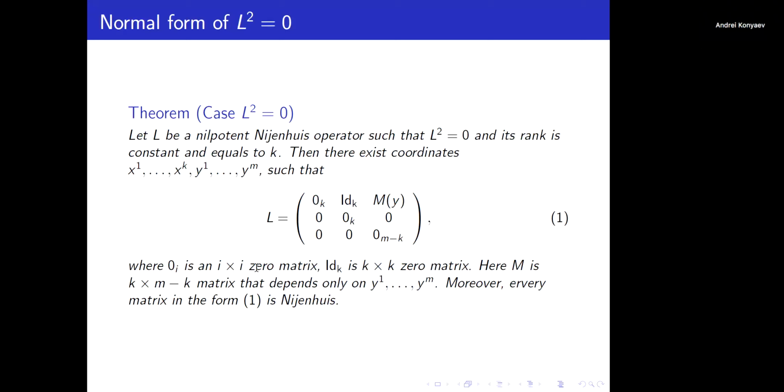And if K is the dimension of the image, it is smaller than the dimension of the kernel, smaller than a half. We've already discussed this. So you will get this good part, which is constant, and you get this part, which has 0, but this submatrix of dimension K times M minus K depends only on y's, but it's not constant in general. How do we prove this theorem?